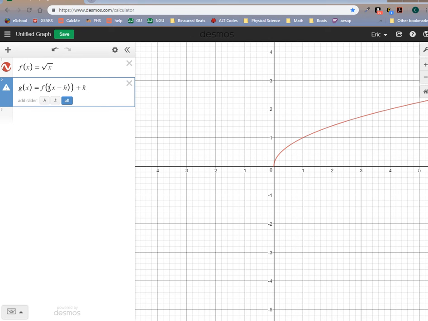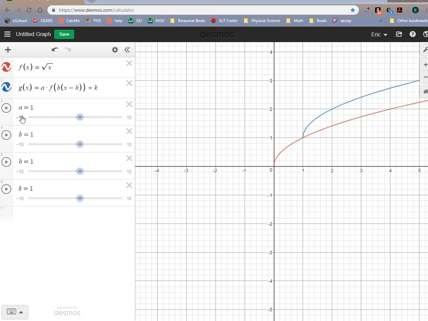Okay, what's the vertical dilation? A. What's the horizontal dilation? B, and that goes there, right? Okay. So let's make sliders for these. We'll let A go from negative 4 to positive 4 by 1s.